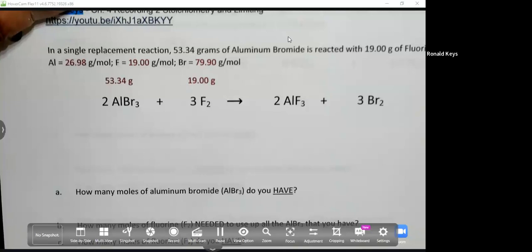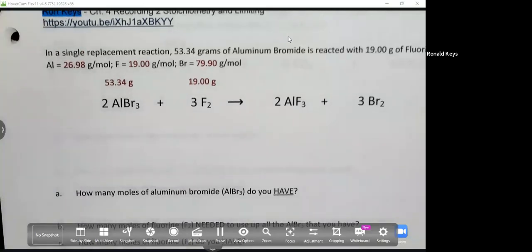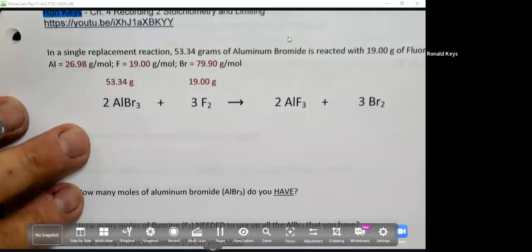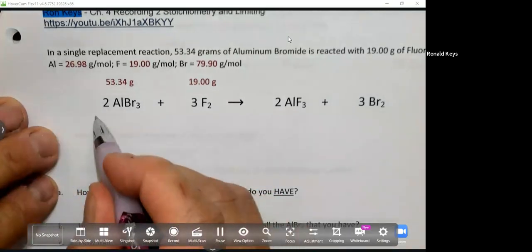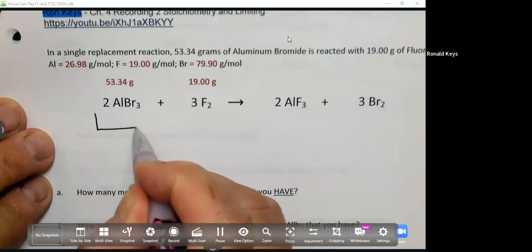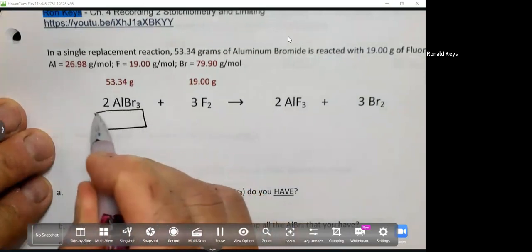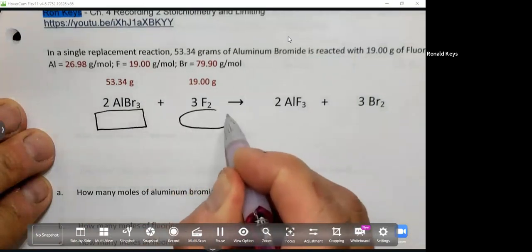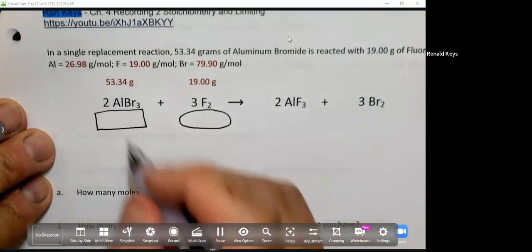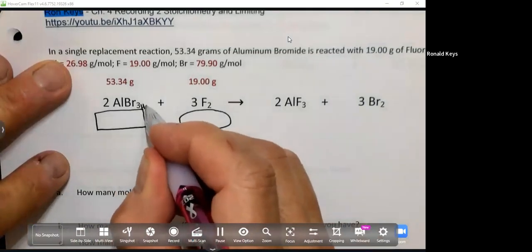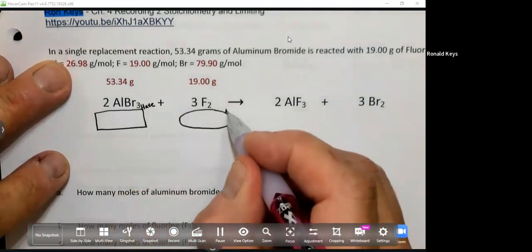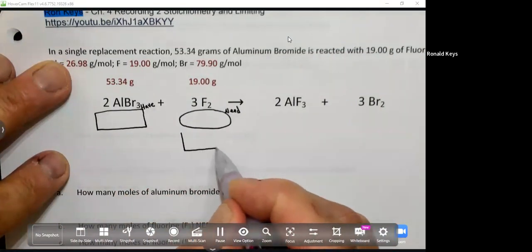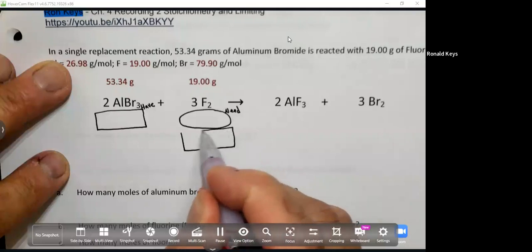Okay. Now we are doing the exact same thing. We are going to calculate how many moles we have, and how many moles of fluorine we need. And we're going to calculate how many moles we have of it.